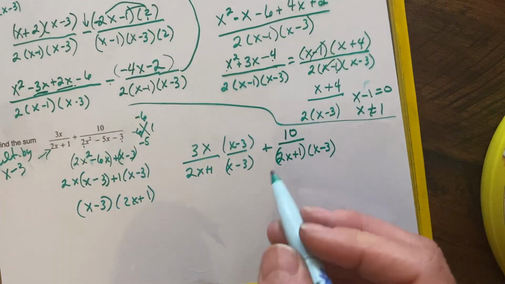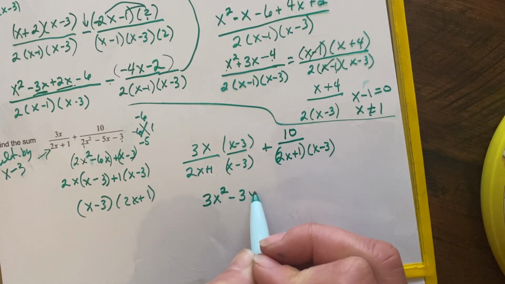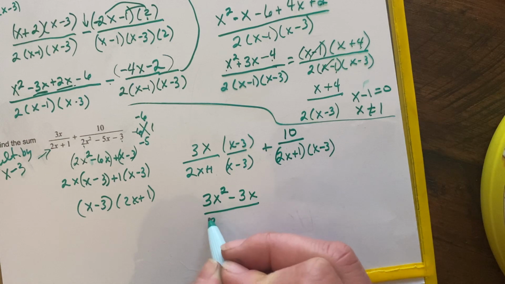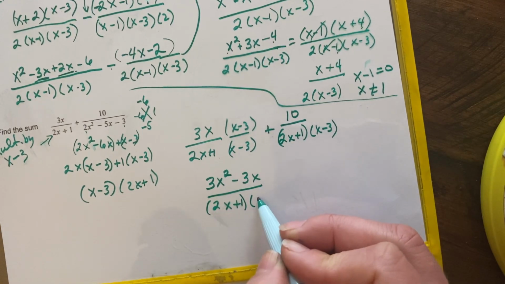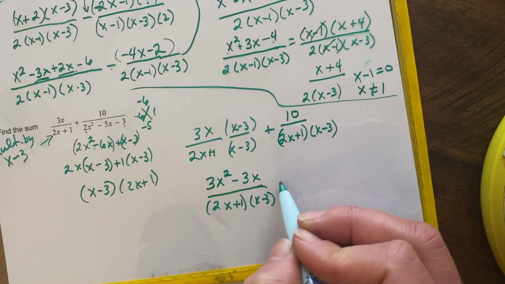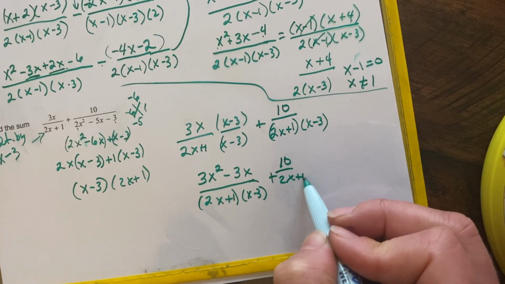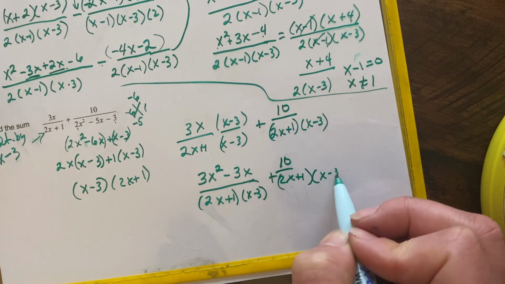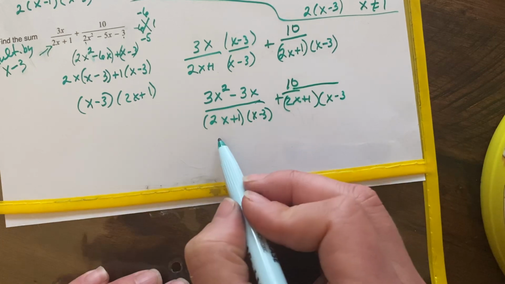So I'm going to multiply out here. Leave your denominator in factored form. Okay, so we're here. I'm just going to add.